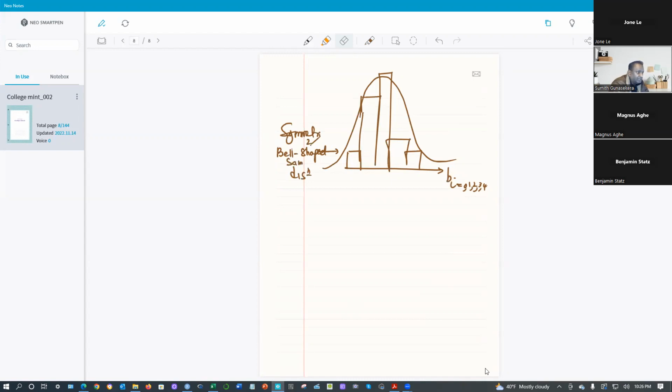Does it have a center? Yes. What do you have for the center? The center of the distribution of Bi.